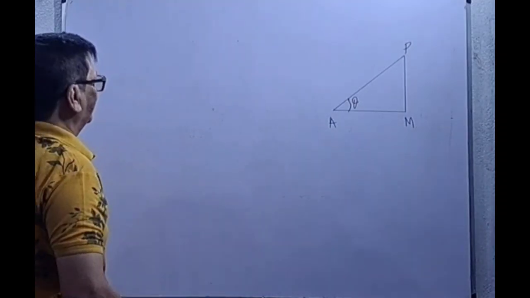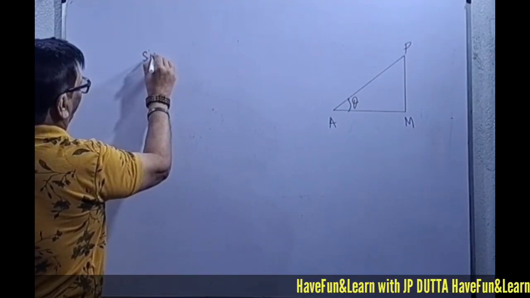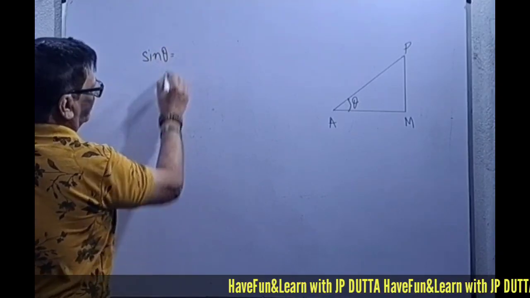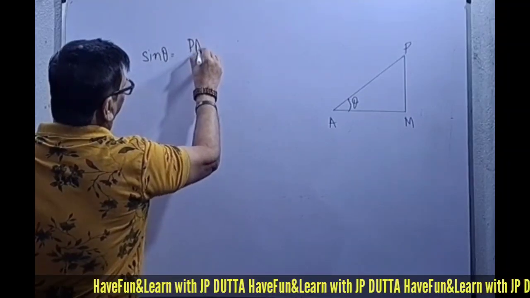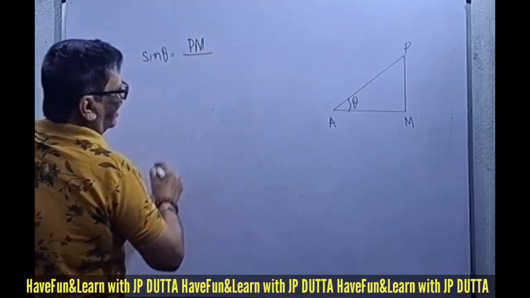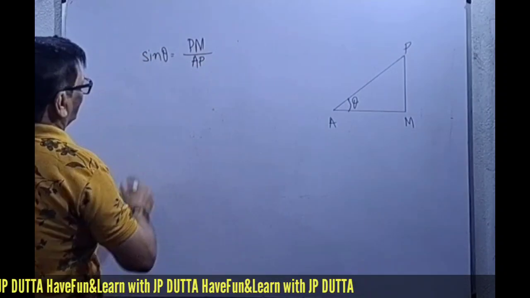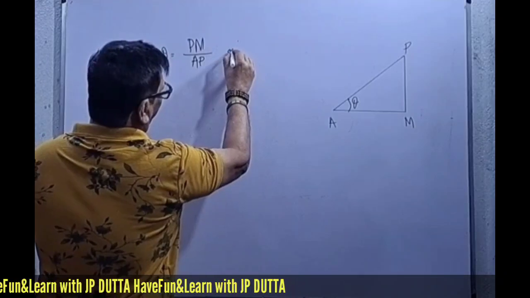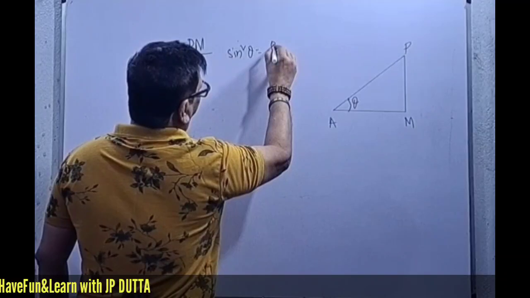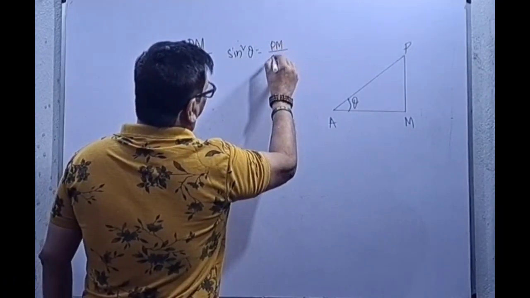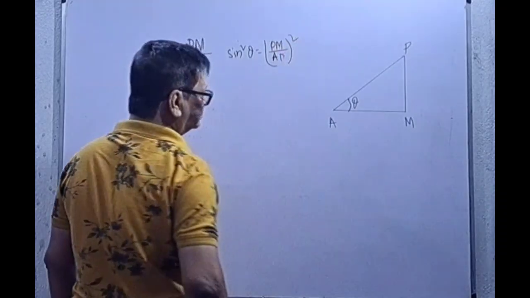Let's see. So in the figure, sin theta is equal to PM by AP, correct? So if we write sin² theta, it will be PM by AP squared, right?